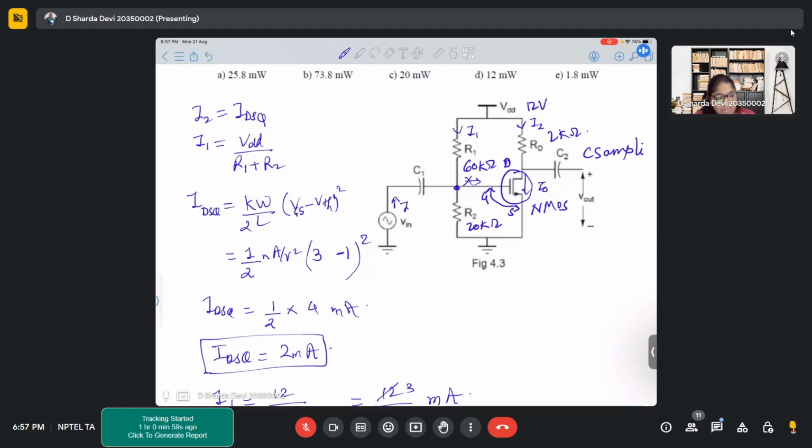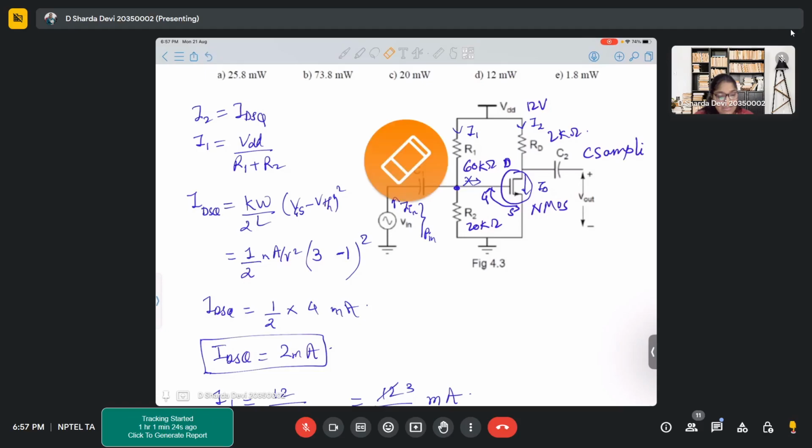Definitely there will be some current Iin provided by this source Vin, and it will give rise to some power Pin. But we don't consider this in power dissipation, because power dissipation is only with respect to your supply. Whatever power you are drawing from the supply comes under power dissipation. Hope this is clear.